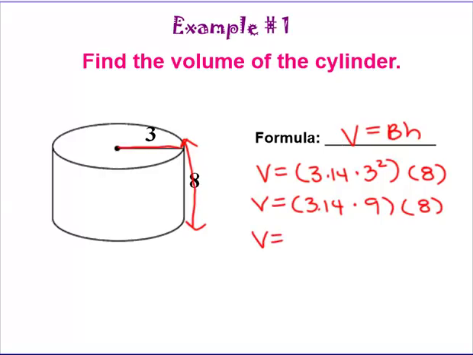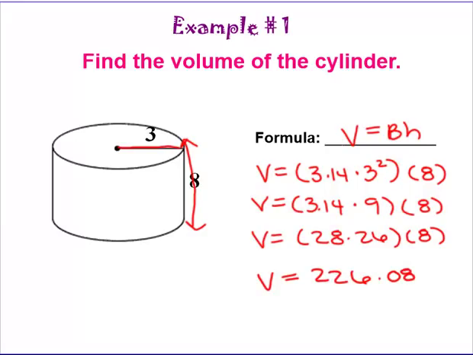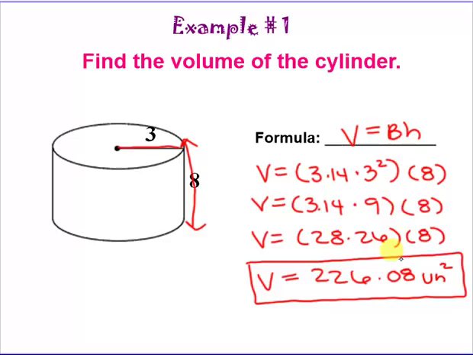So then we have 3.14 times 9, and that's going to give us 28.26. And we're going to multiply it times the height, which is 8. And that's going to give us a volume of 226.08. Now you'll notice that there's no units listed here, so we're just going to write units squared. And I'm sorry, it is not squared, it is cubed. I was thinking about surface area.